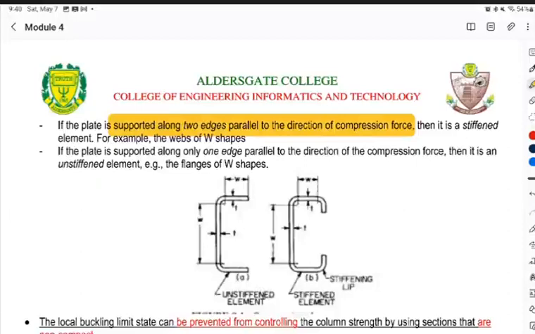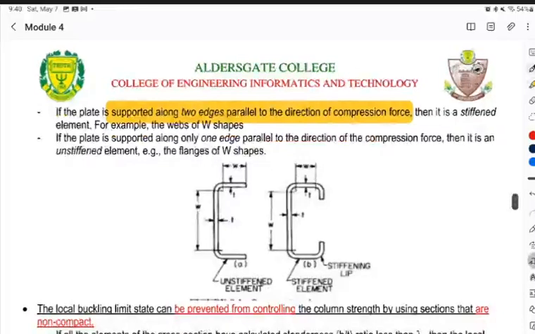So, unstiffened are the flanges of the W shape and this channel. Why? Because the flange of our channel is only supported along this part. So it has support on one edge only, so that is an unstiffened element.